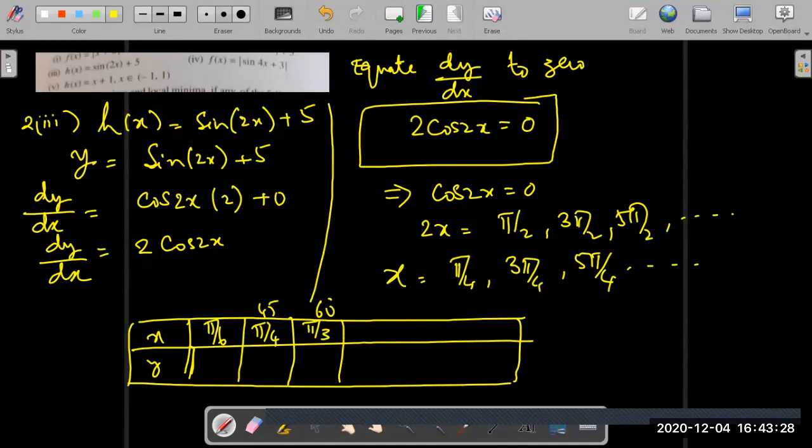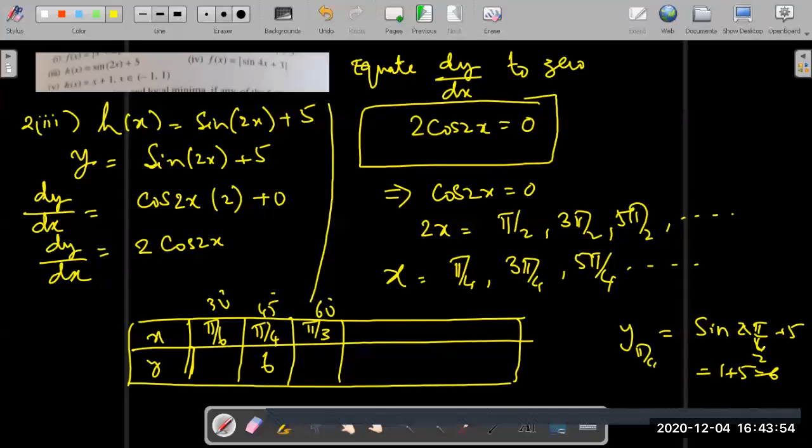We will see whether it's a maximum or a minimum at these points. At pi by 4, y equals sine 2 into pi by 4 plus 5, so that becomes 1 plus 5, which is 6. So we got 6.